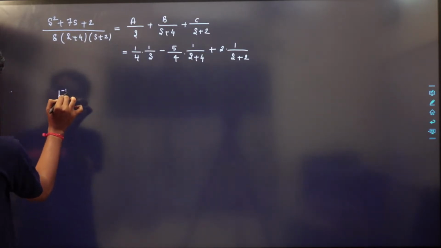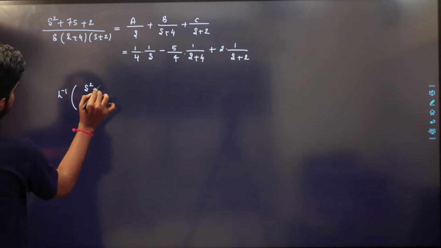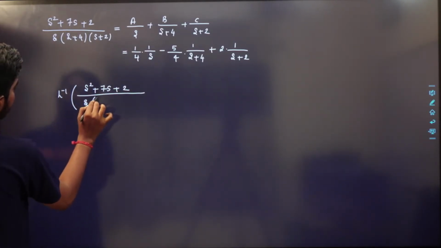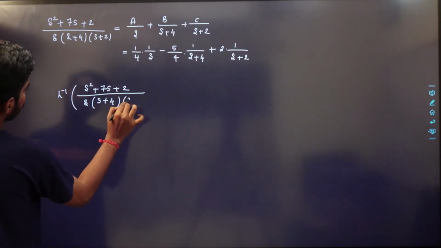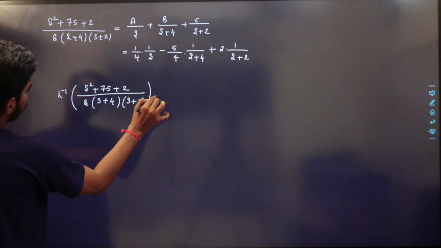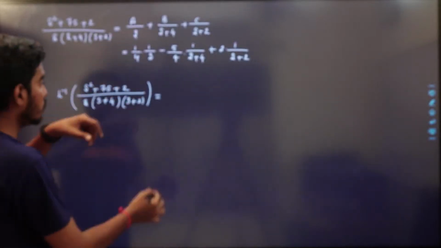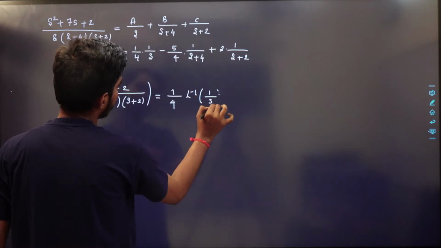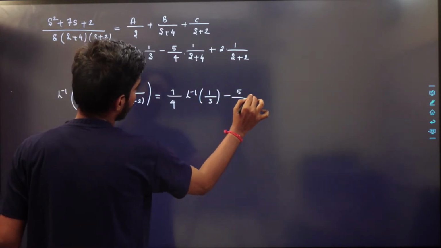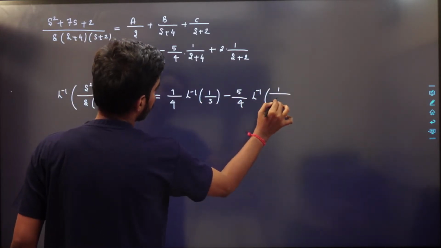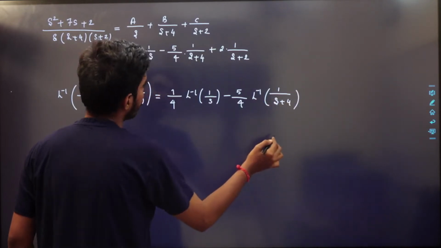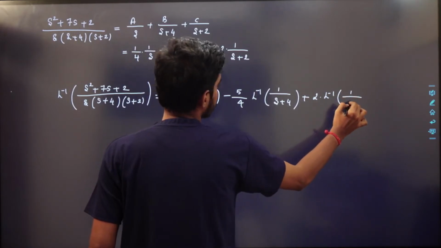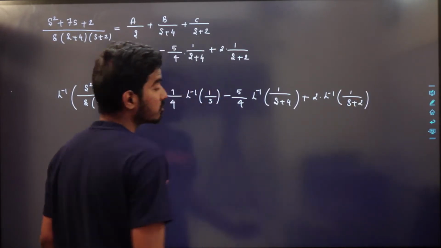So this will be L inverse of s square plus 7s plus 2 divided by s into s plus 4 into s plus 2 is equal to 1 by 4 L inverse of 1 by s minus 5 by 4 L inverse of 1 by s plus 4 plus 2 times L inverse of 1 by s plus 2, right?